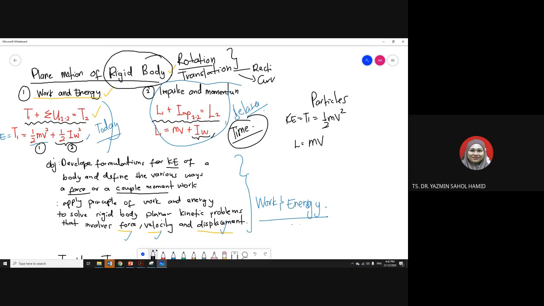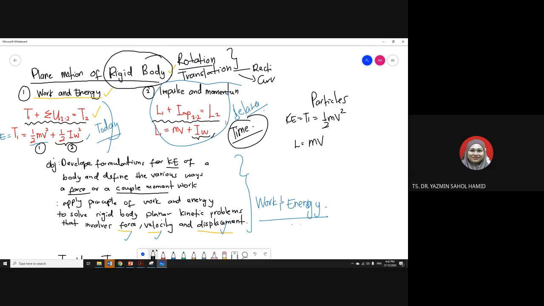I'm going to mention this again. Sometimes in the question, they don't tell you to use the work and energy method or the impulse and momentum method. Sometimes it isn't stated. Suddenly the question says calculate the time taken for the tire to rotate, and so on. It says calculate the time, but it doesn't tell you which method.